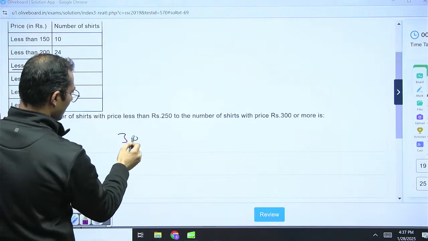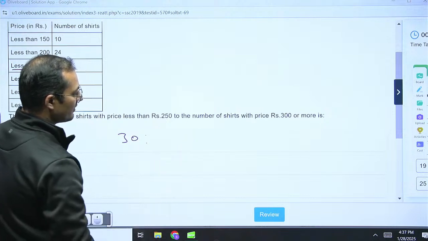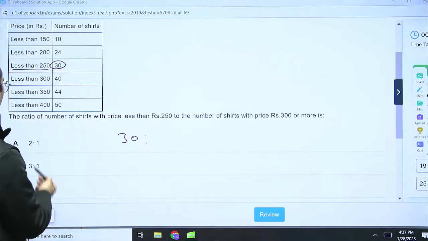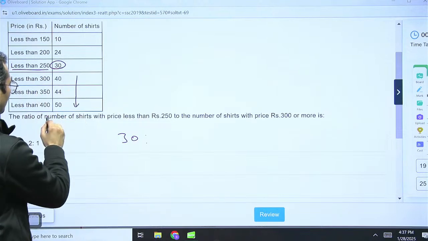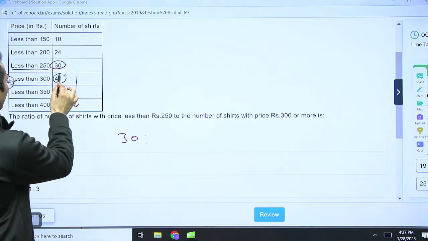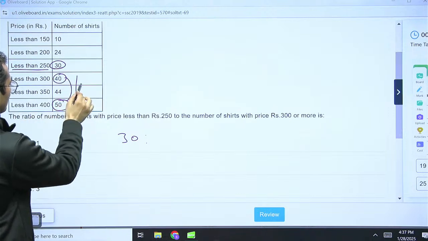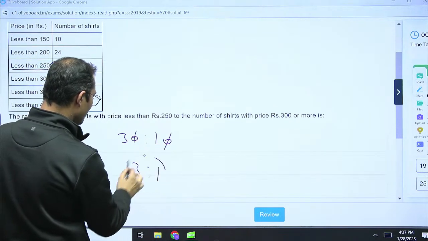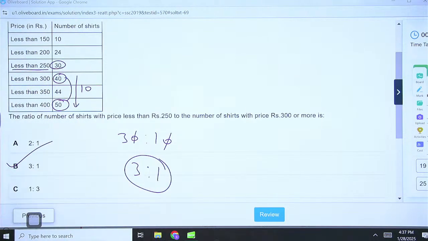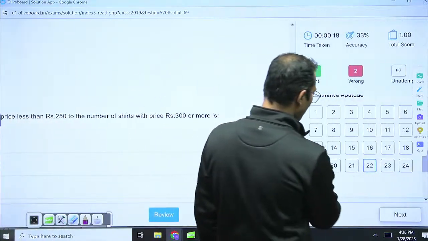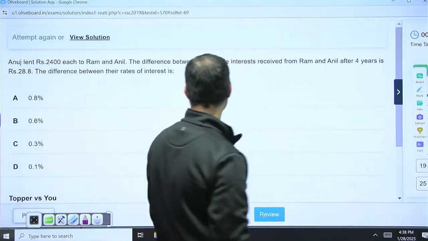Number of shirts with price rupees 300 or more, that means down the line. So less than 400 is 50 and less than 300 is, so we have to take the difference of this. So here the difference is 10, right? So the ratio would be 3:1. So 3:1 is the right answer. B part is the right answer. Yes, B Bombay is the right answer. Let's move to the next question.